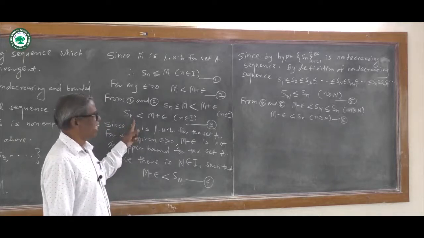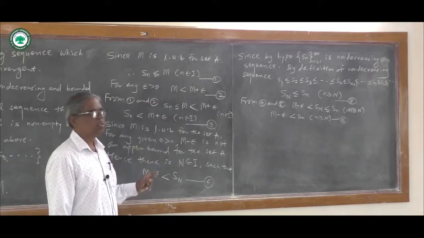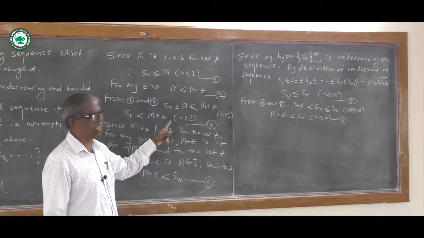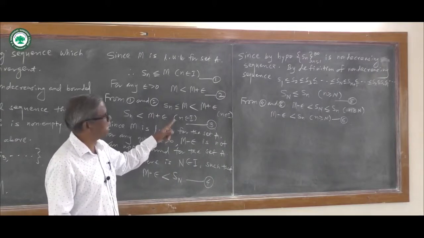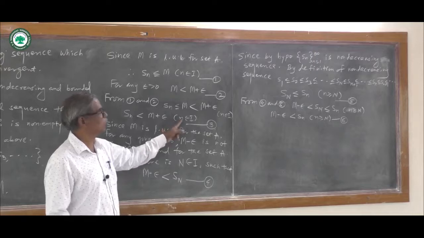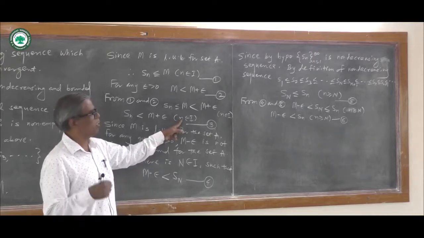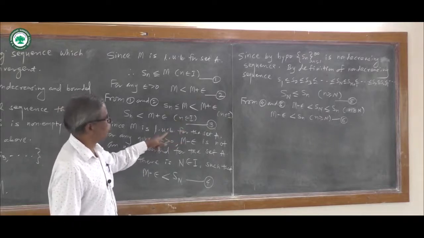Relation 3 is true for all n belongs to I. It means relation 3 is true for n is equal to 1, n is equal to 2, n is equal to 3 and so on. This small n is equal to capital N, small n is equal to capital N plus 1 and so on.